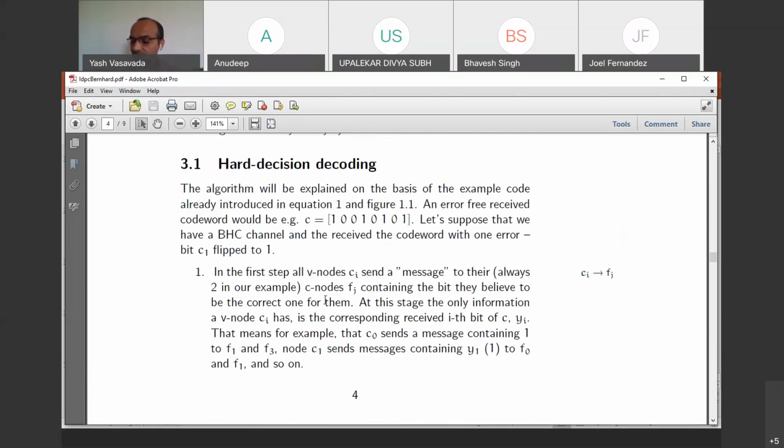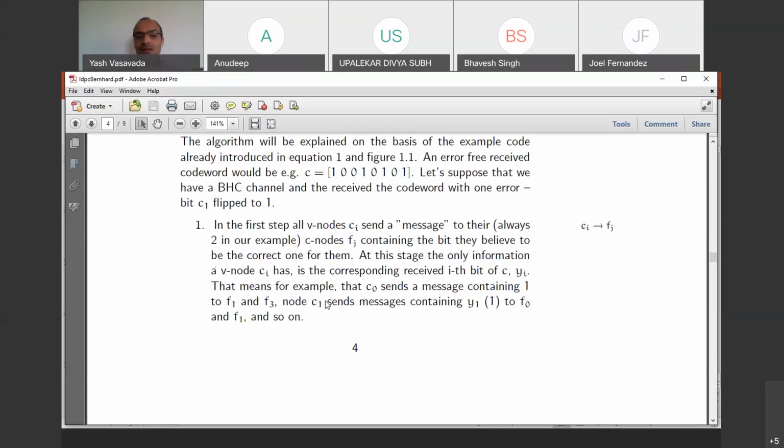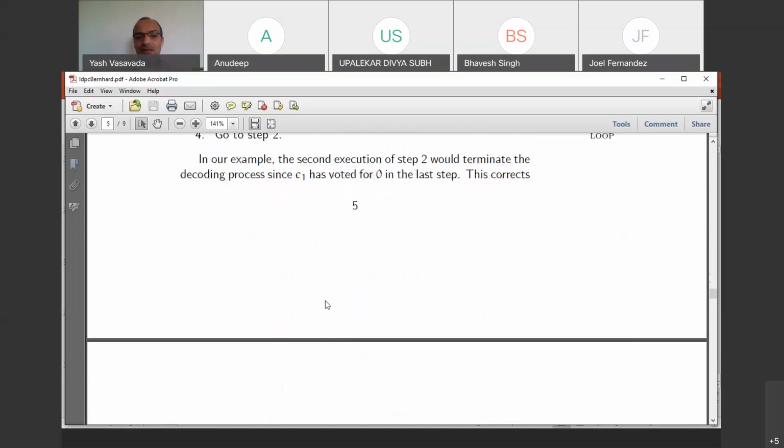In the hard decision decoding, the check node will simply do what? Some majority based selection. No, check node is an SPC code. Oh. So it will just do the modulo 2 sum, whereas variable will do majority voting. So that is what is done here.